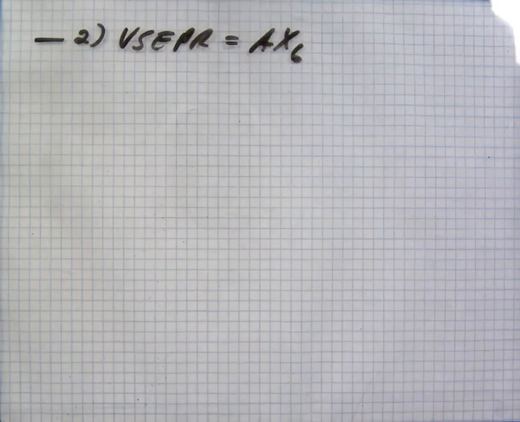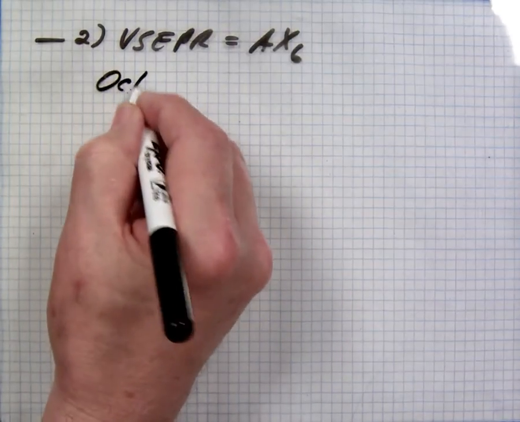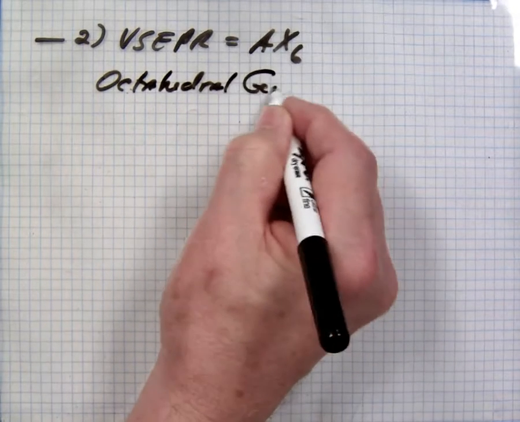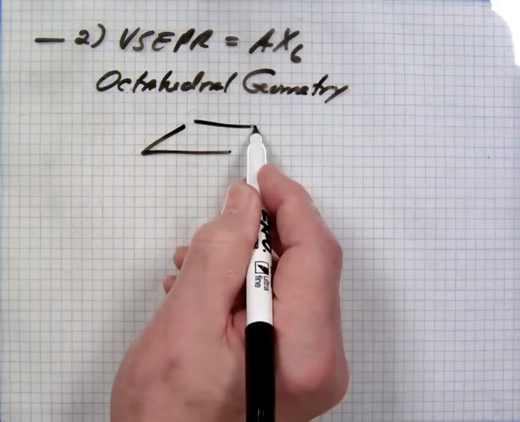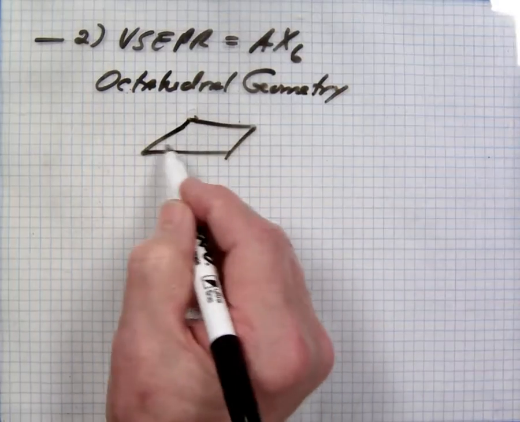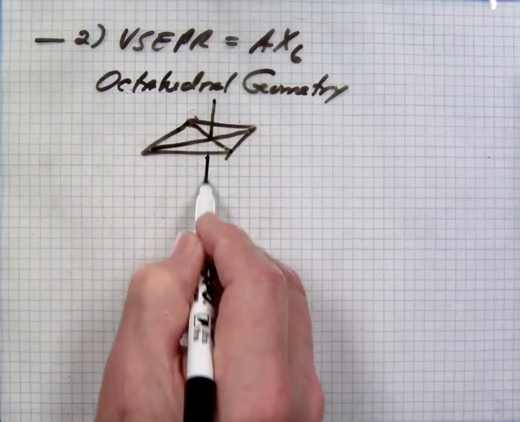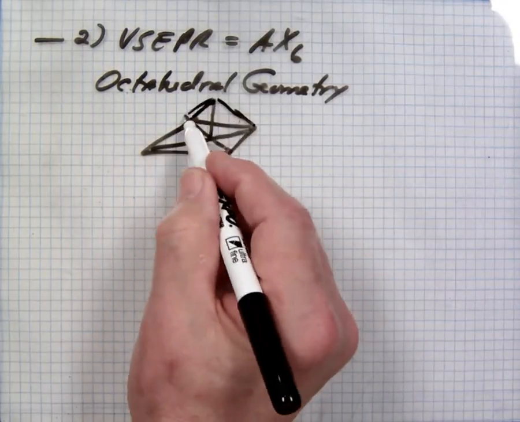Okay, so in the VSEPR theory, AX6, as we saw just a moment ago, is the octahedral geometry. We can draw an octahedron with a lazy square, put a couple big X in the middle, and then run a line up and down, and that is your octahedron.